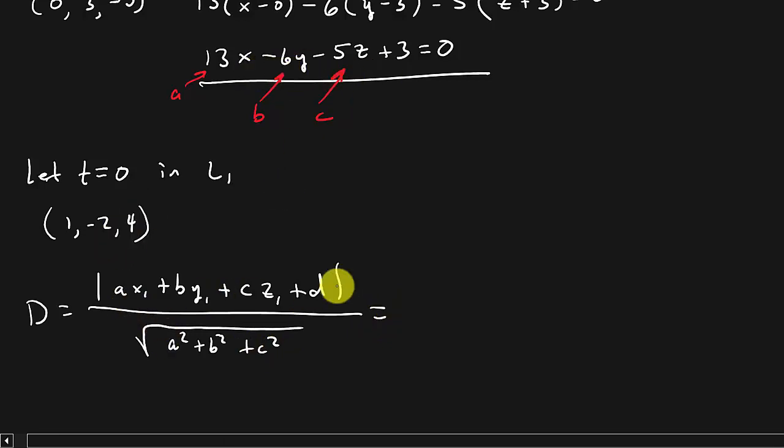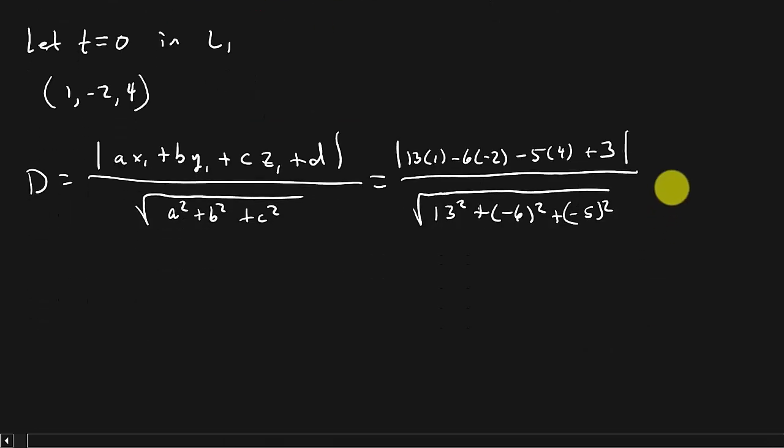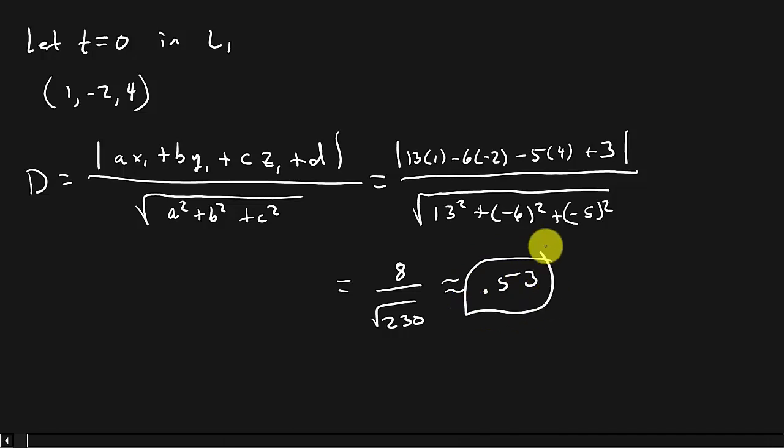That's going to be 13 times 1 minus 6 times negative 2 minus 5 times 4 plus 3, the absolute value of that, over the square root of 13 squared plus negative 6 squared plus negative 5 squared. And when you put all that in your calculator, you end up with 8 over the square root of 230, which is about 0.53. That would be your distance between the two lines.